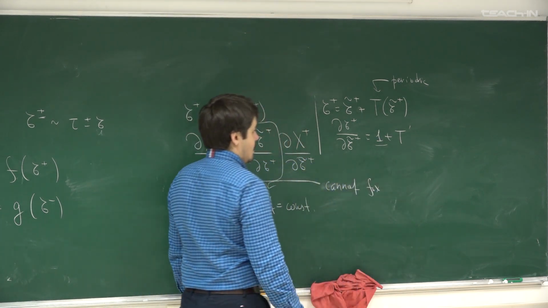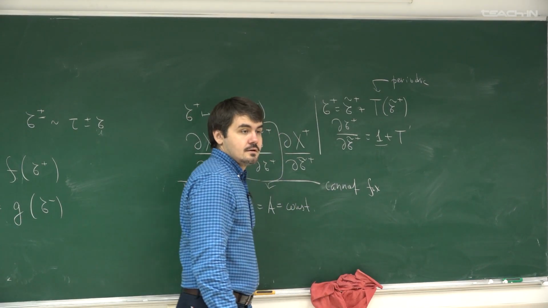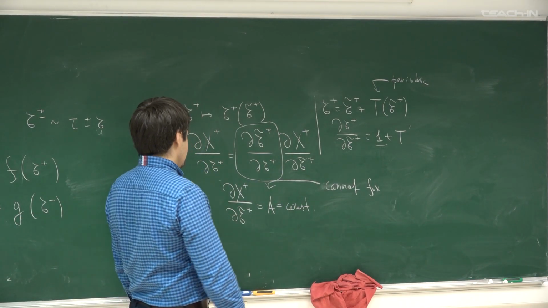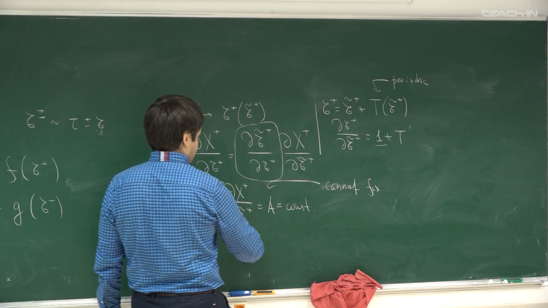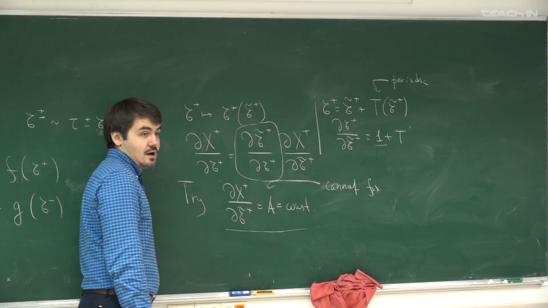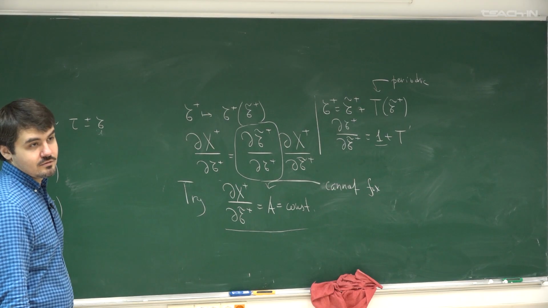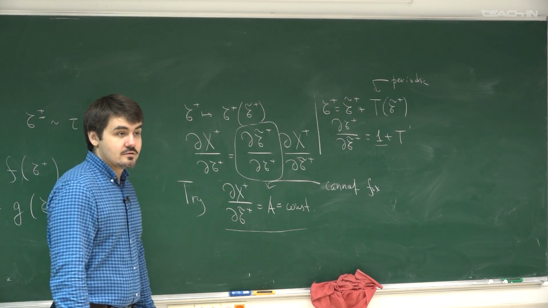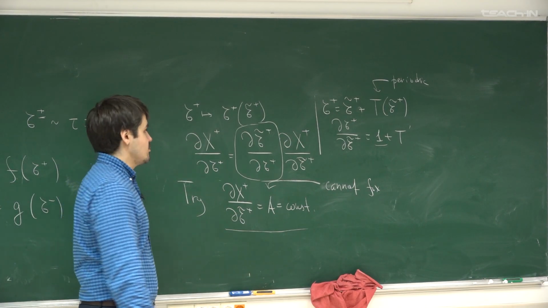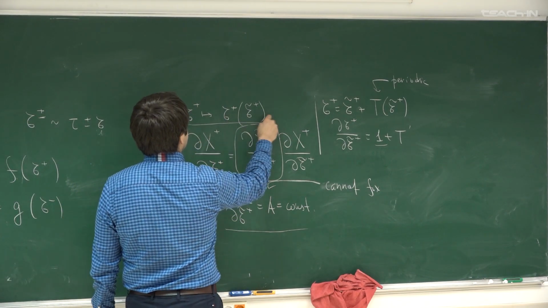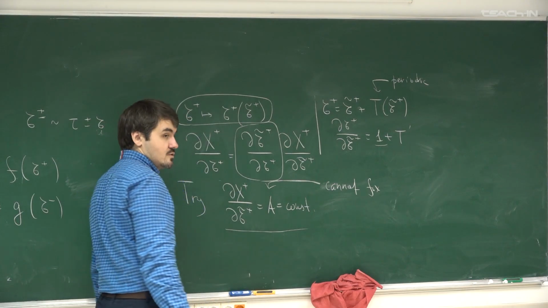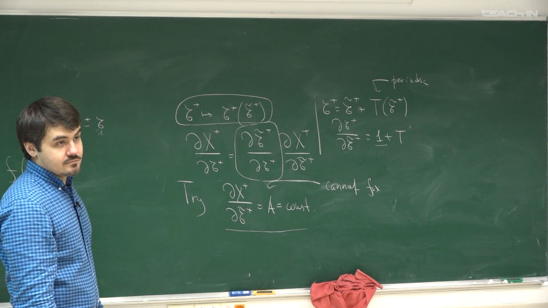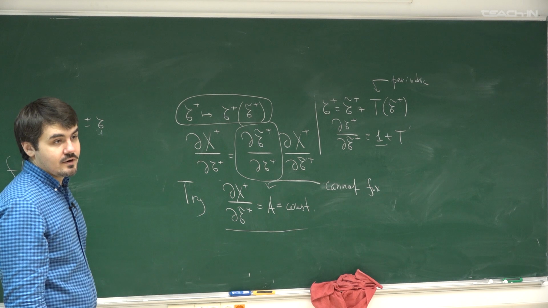What are we trying to do here? We're trying to set dx plus over d sigma plus to a constant. I mean, we're trying to get rid of as many functions as possible by using conformal reparameterizations. So we go from sigma plus to sigma tilde plus, and we ask whether we can further simplify the gauge.